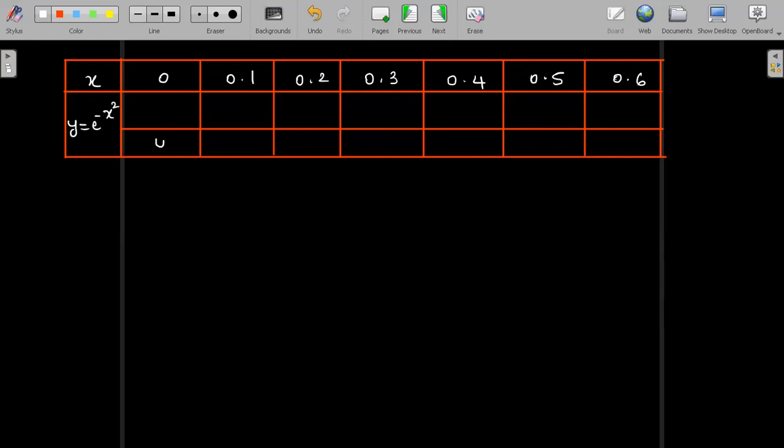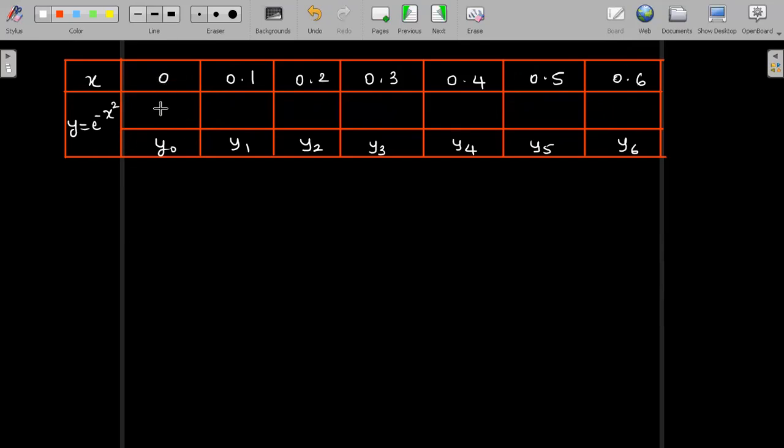So the respective values of y are y0, y1, y2, y3, y4, y5, y6. So you can type e power minus x square in the calculator, and with the help of the calculator, we can put x is equal to 0, 0.1, 0.2, etc. up to 0.6 and find out the respective values of y rounded off to 4 decimal places.